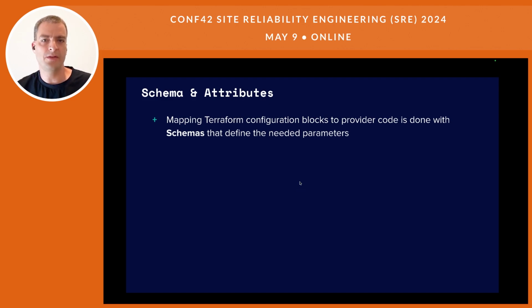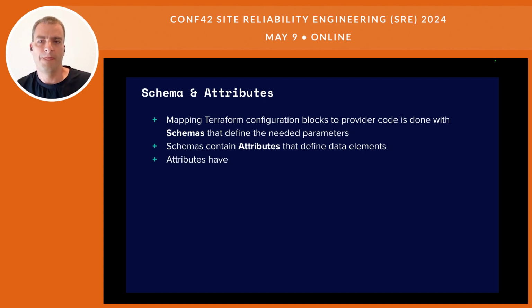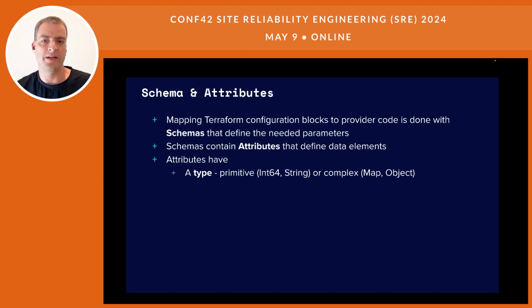Schemas and attributes are used to map between Terraform configuration files and the code itself. So every configuration block of the provider, either the resource or the provider itself, has a schema that defines the needed parameters. And schemas contain attributes that define the data elements itself. Each attribute has a type. It could be a primitive, like an int64 or a string, and it could also be a complex type, like a map, an object, a list.